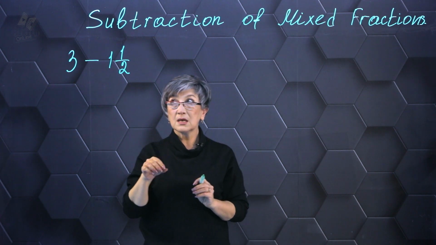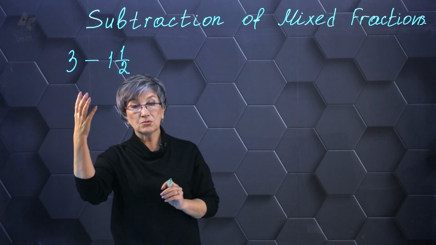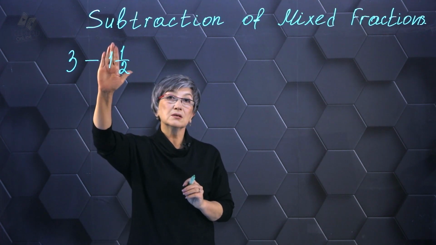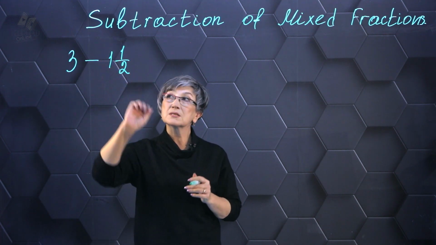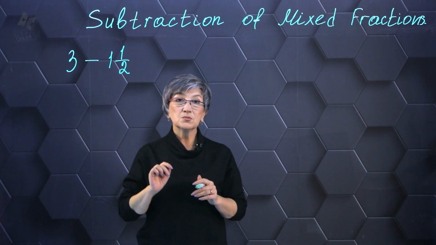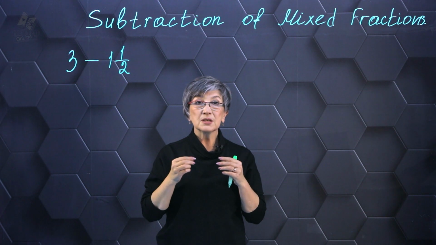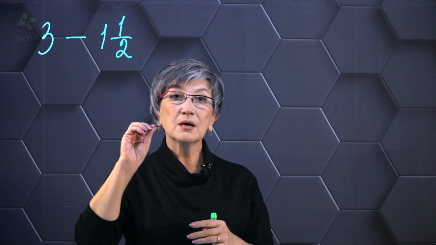By the way, after I explain this example to you, you will be able to subtract a simple fraction from a whole number using the same principle. So let's go back to our example. What problem do we have in solving this example? Well, first of all, if we have a minus sign, we have to pay attention to the denominator.